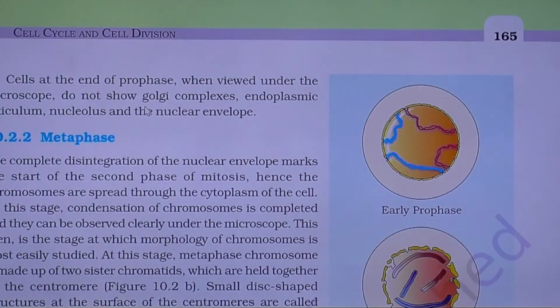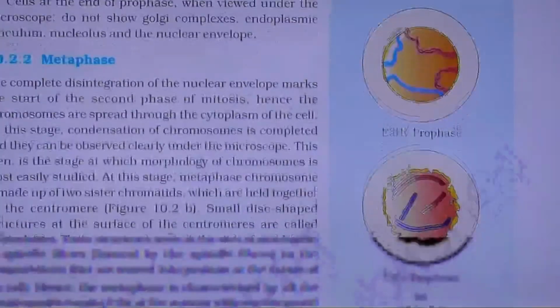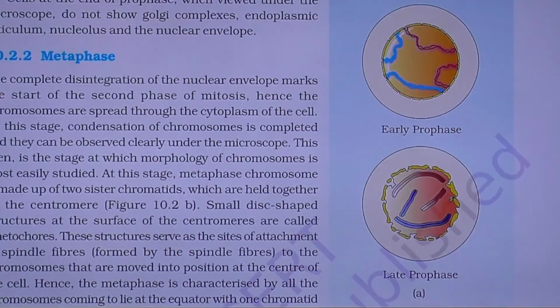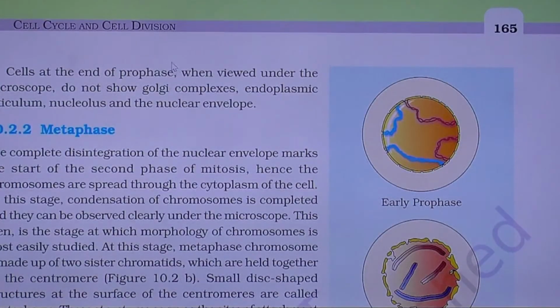At the end of the late prophase, when we observe this under the microscope, we cannot see the Golgi complex, endoplasmic reticulum, nucleolus and nuclear envelope.